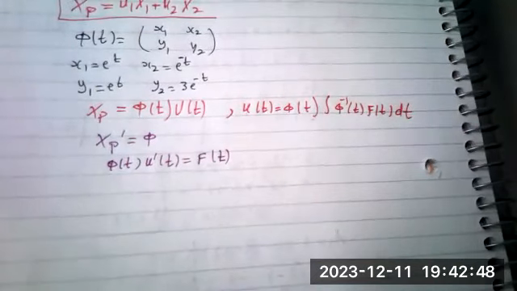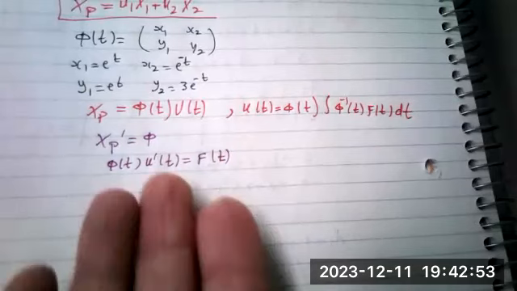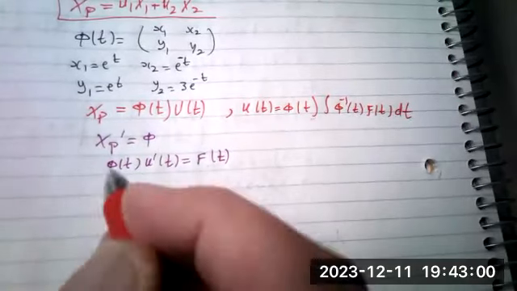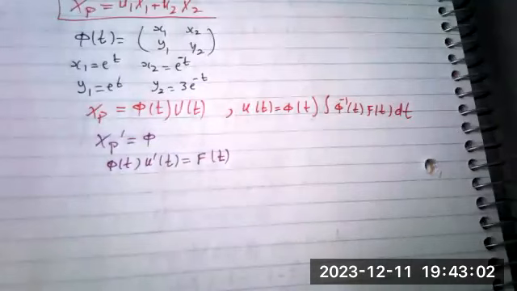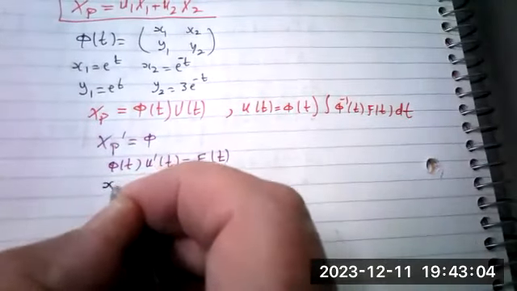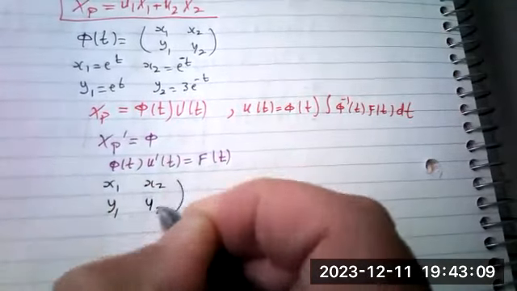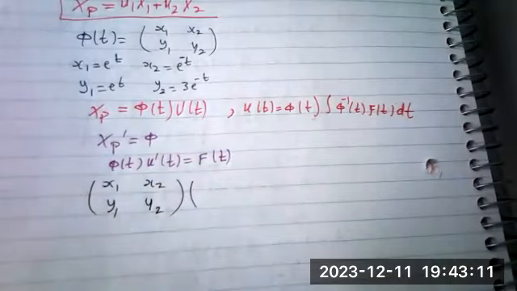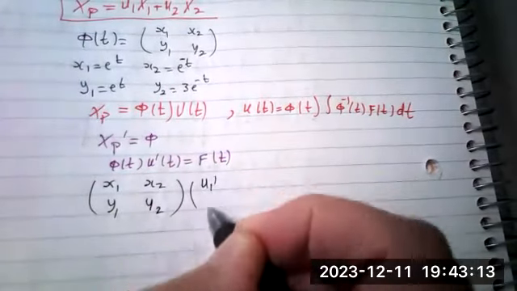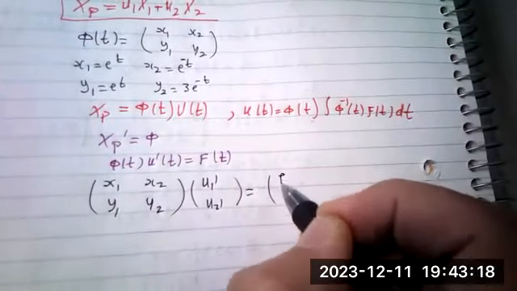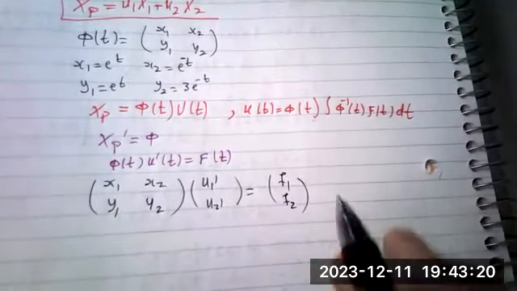Now, if you just keep it as is, don't go to the inverse, just form this one and find u1 and u2. Phi of t is, let's give you another formula, a shortcut. It's x1, x2, y1, y2, times u1 prime, u2 prime, equal to f of t, f1, f2.